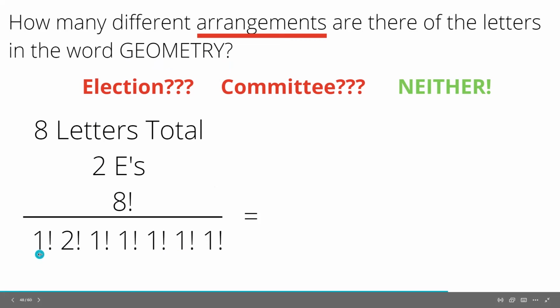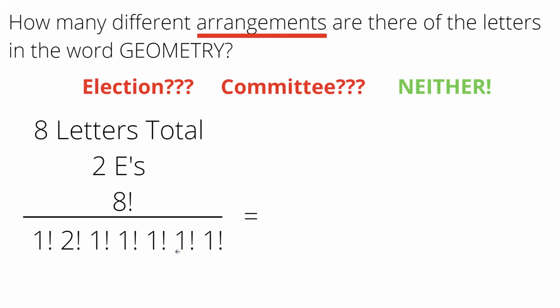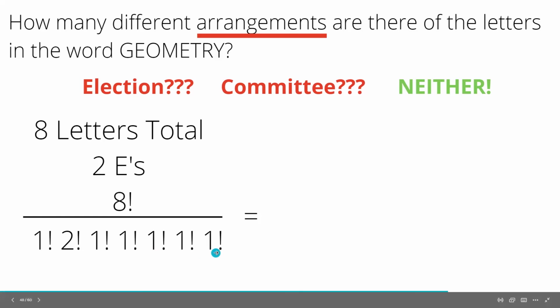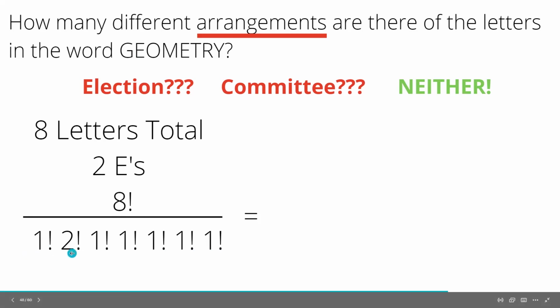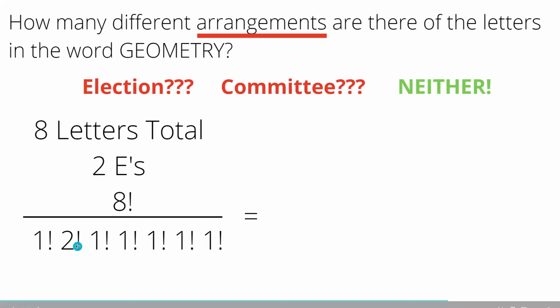So there's 1 G, 2 E's, 1 O, 1 M, 1 T, 1 R, and 1 Y. Now, what's great about this whole denominator thing is all of these 1 factorials are just 1. 2 factorial is 2. So this is 1 times 2 times 1 times 1 times 1 times 1 times 1. So really, the whole denominator is just 2.